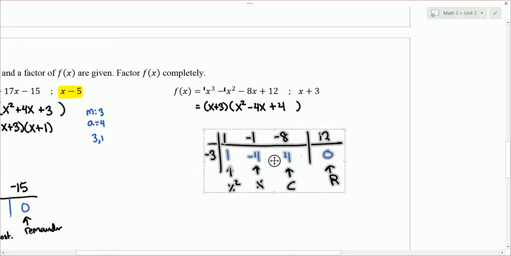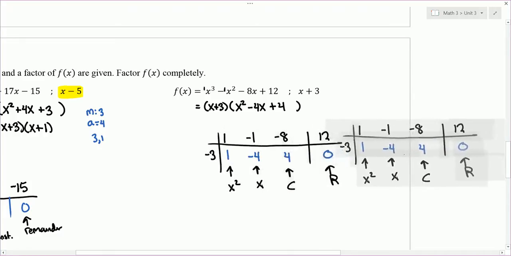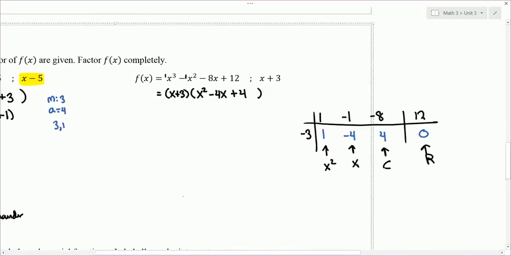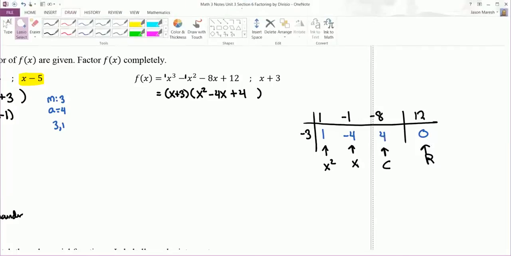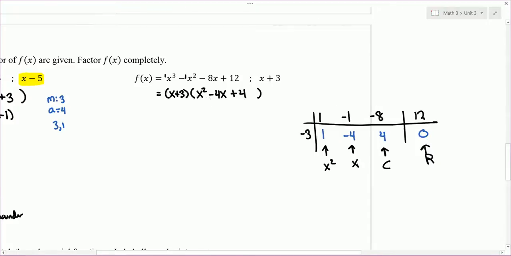I'm going to move this over to the right hand side, out of the way, and see if we can factor even further. This x squared minus 4x plus 4, can we find two numbers that multiply to 4 and add to -4? And you should get -2 and -2.